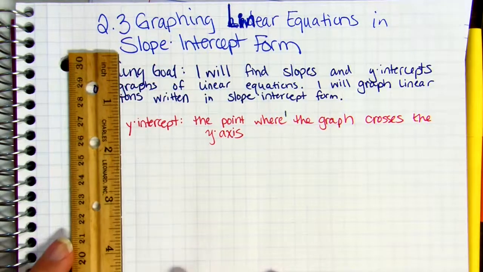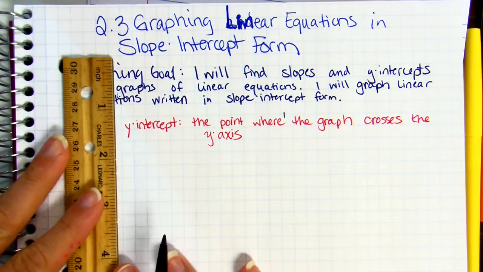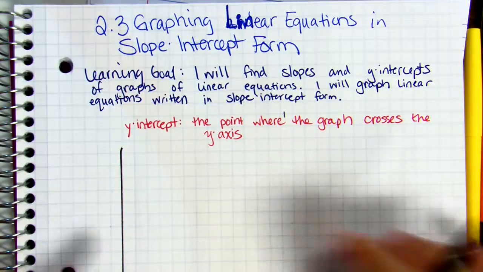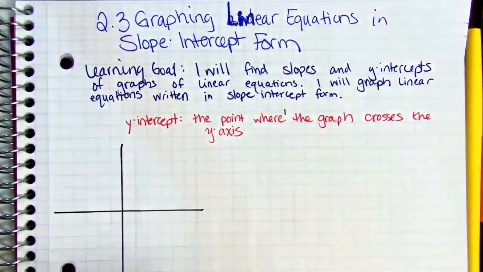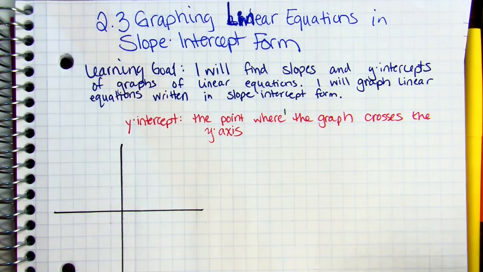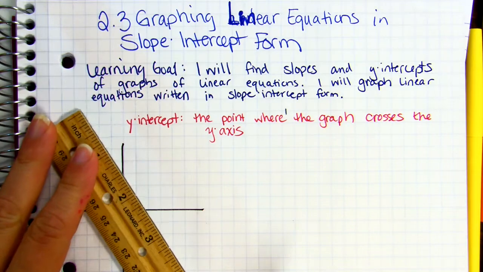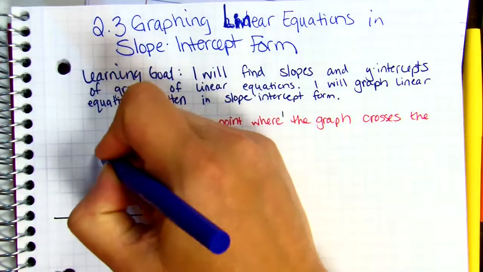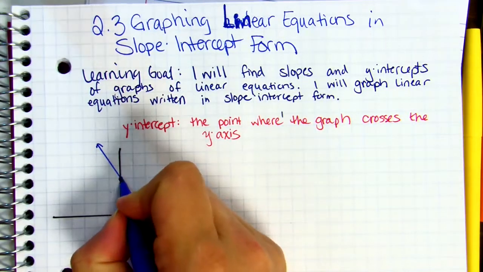So, for example, look, I have a ruler today. If we draw a quick little graph here, and I put a line on this graph, here's my line. The y-intercept is this point right here.